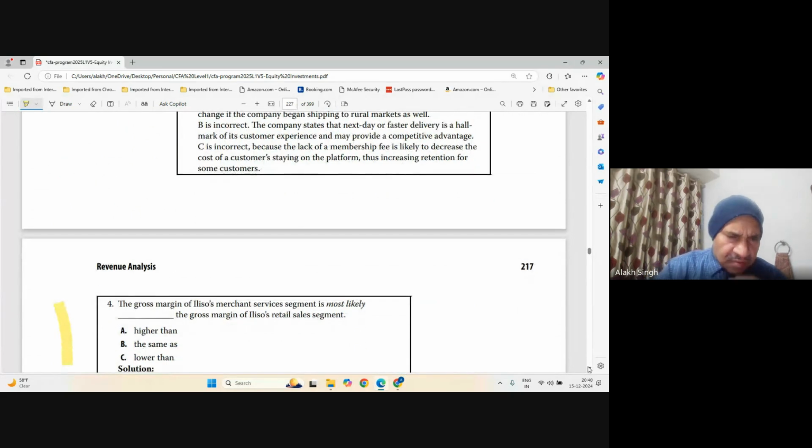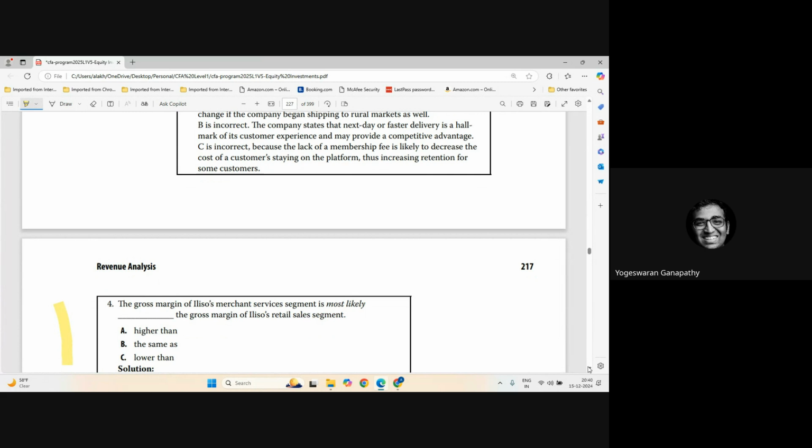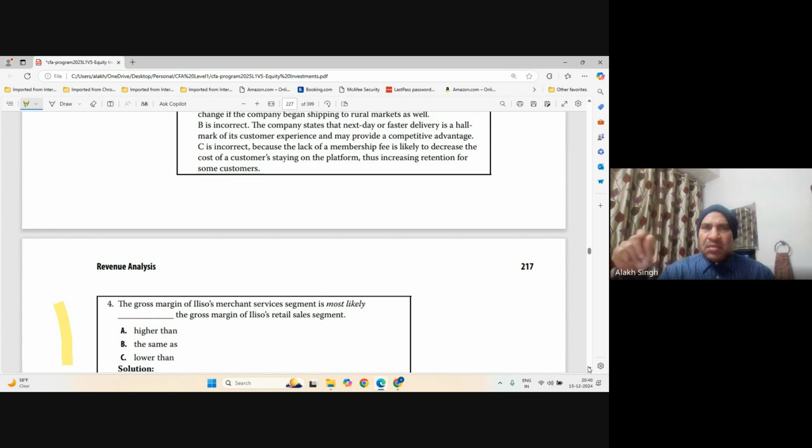Okay, question 4. The gross margin of Eliso's merchant services segment is most likely dash than the gross margin of Eliso's retail sales segment. Gross margin means gross profit divided by sales. So which one should be higher? Just general knowledge, because it's not given in the information.